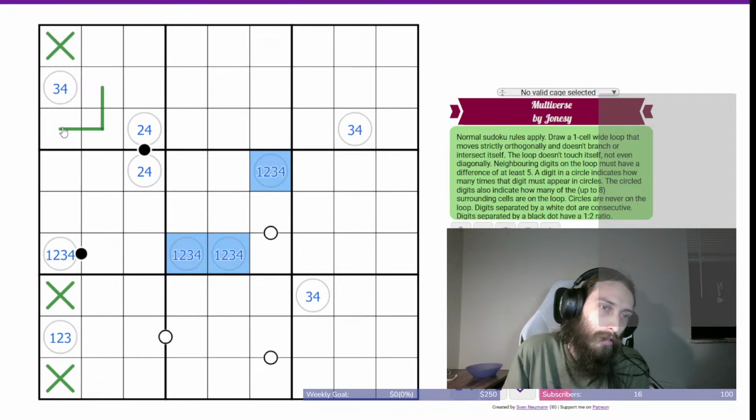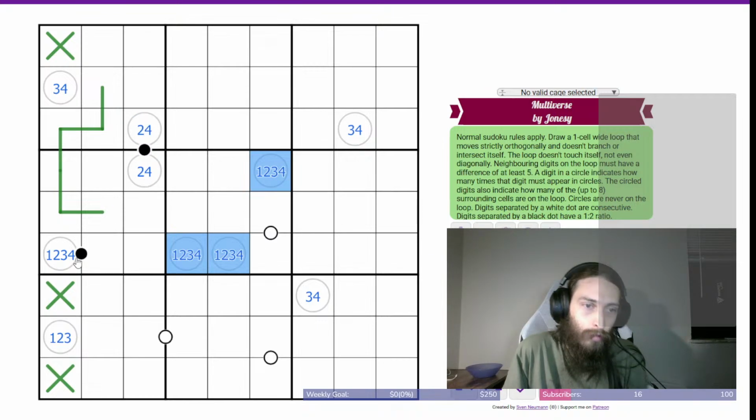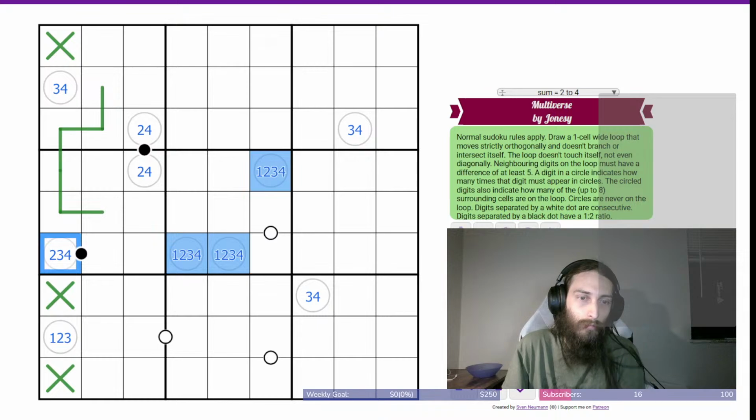But then it's going to have to go down, and it can't go here, so it has to go down again, and to continue it has to go this way. This one now has 2 neighbors, that one has 2 neighbors. This one also has 2 neighbors.